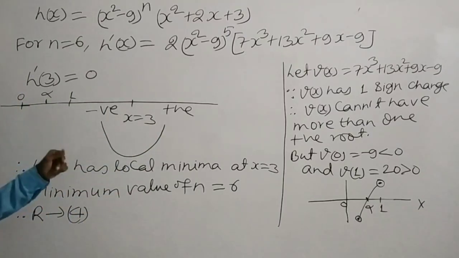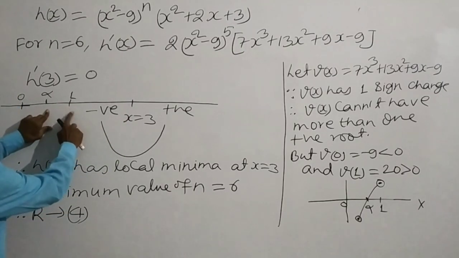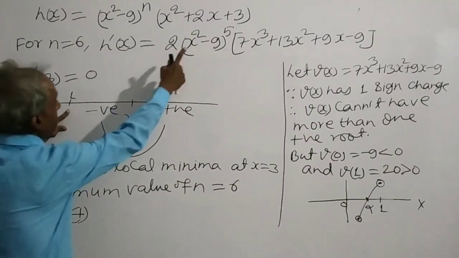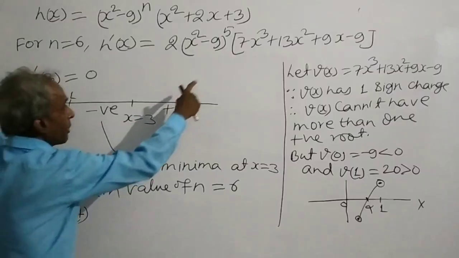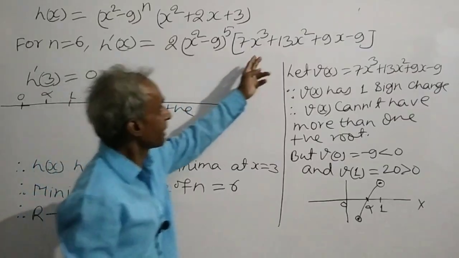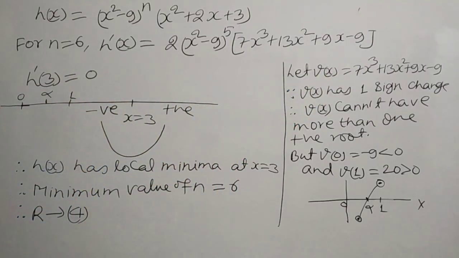We want to check at x is equal to 3. Since 1 lies between alpha and 3, putting 1 in place of x, we get negative value. This is negative, this is positive, therefore product is negative.